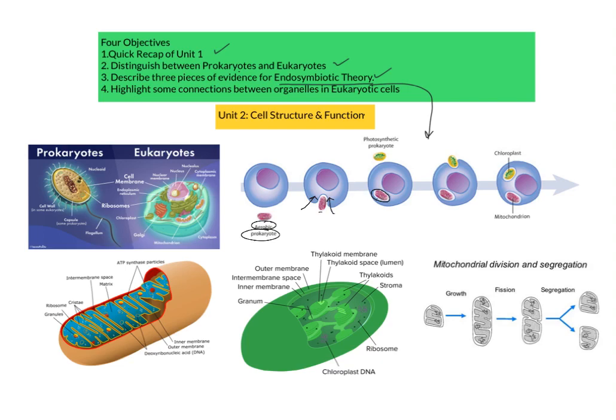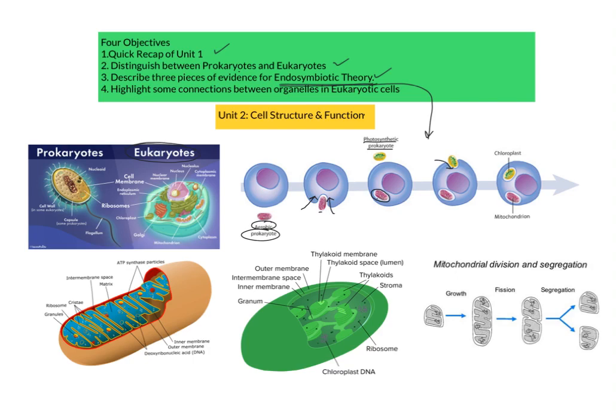Now, the idea is that over time, this cell that had engulfed another prokaryote developed other membrane-bound organelles, such as a nucleus, as well as in plant cells, a photosynthetic prokaryote was engulfed as well. And over time, we saw the complexity of these cells increase such that now we have what we see as eukaryotes. And so that's the idea of the endosymbiotic theory.